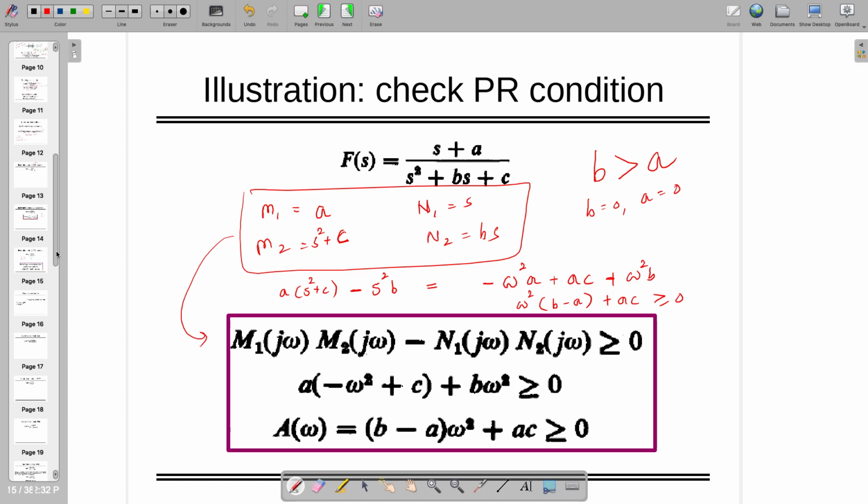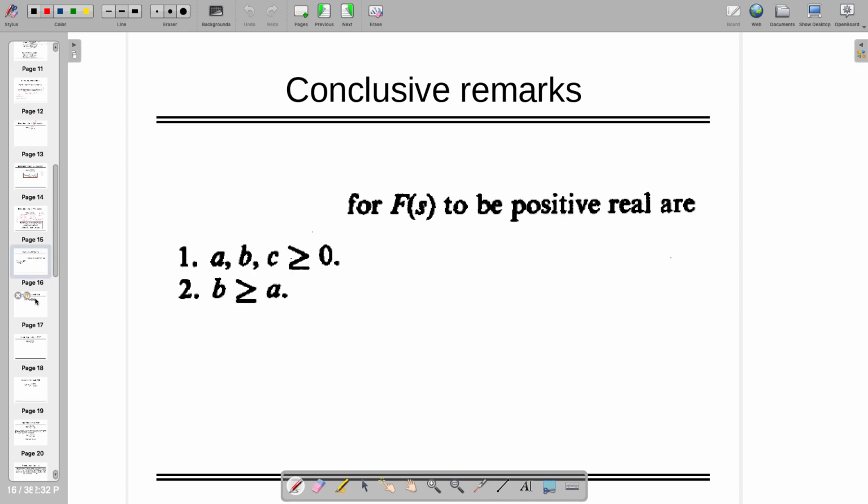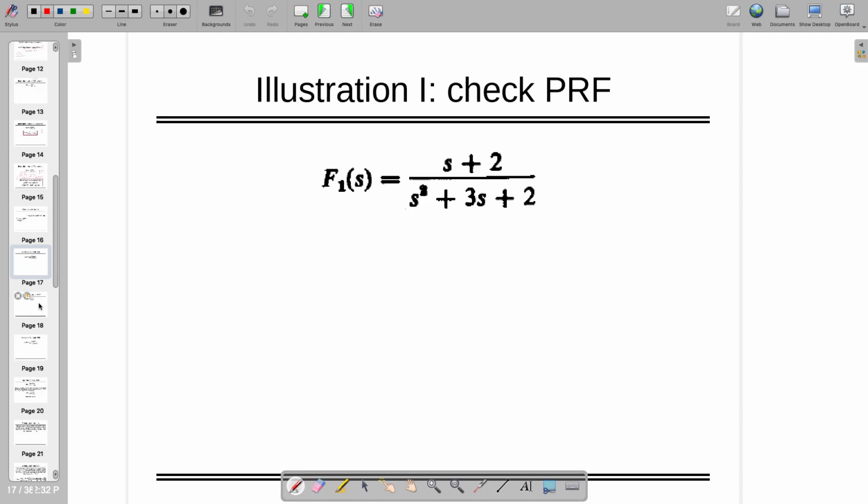Okay. It makes sense, right? Okay. So here this is a conclusive remark that it has to be greater than or equal to 0, or from the second equation b has to be greater than or equal to a. Now, can you check the PRF condition for this one and tell me whether it's a positive real function or not?